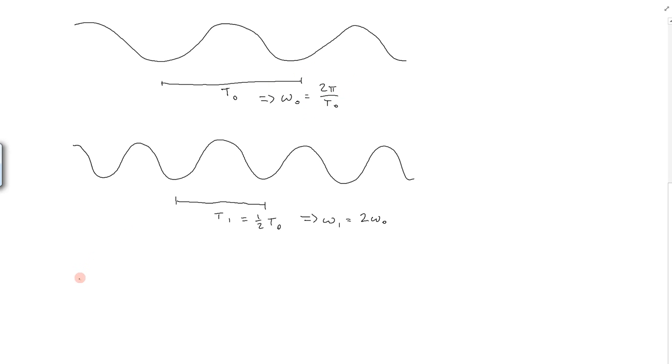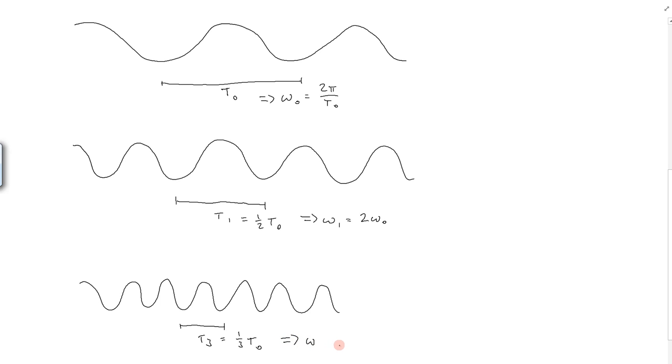And if we take another one at an even higher frequency and look at one of the periods, t3, it has to be 1/3 of t0. In other words, its frequency is going to be 3 omega 0.